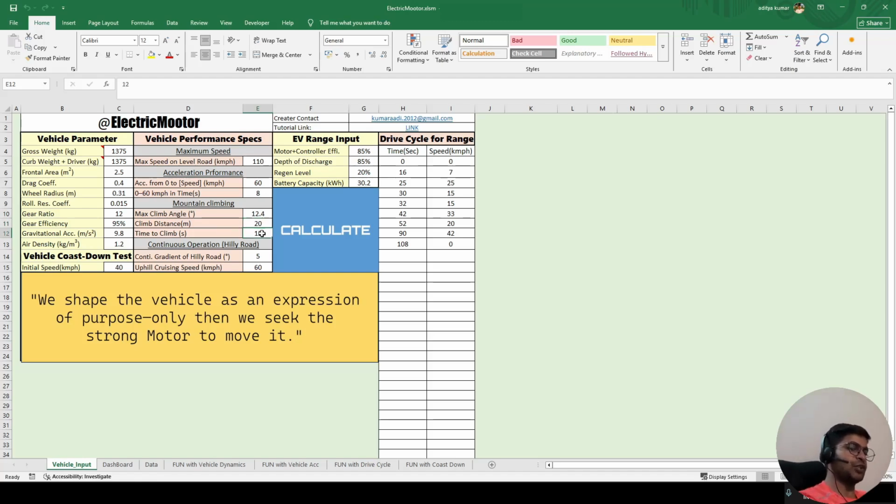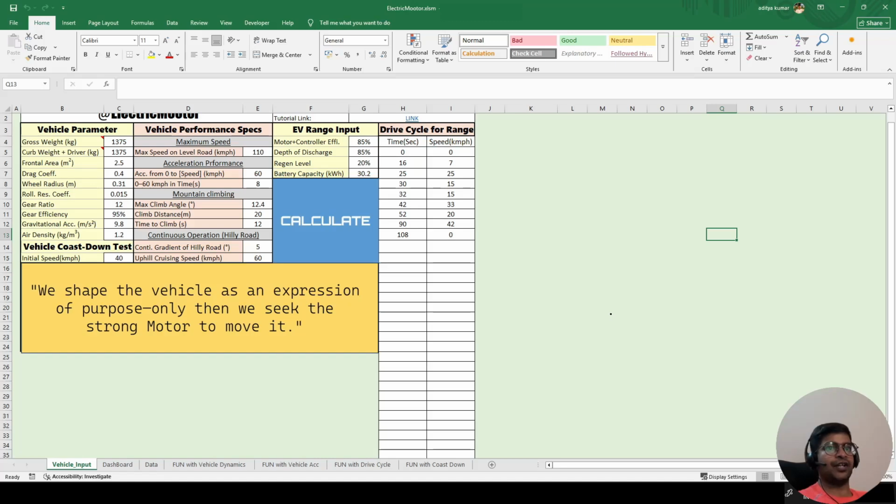Let me explain in more detail what I mean by these three parameters. Let's say we are at the bottom of the hill, so our car is here and it's ready to climb the road which has an inclination of 12.4 degrees.